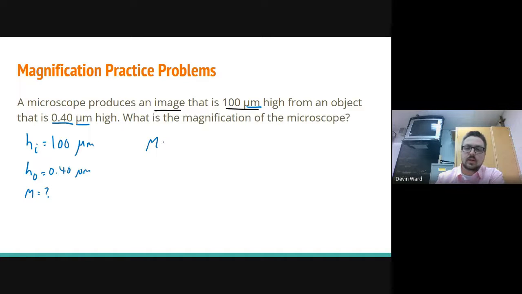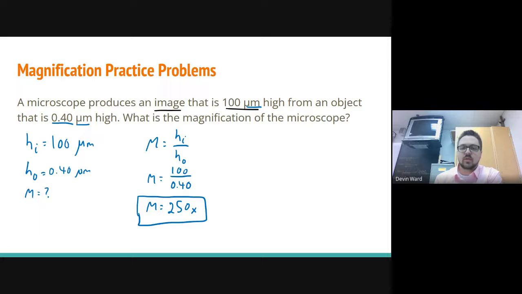Okay, so what is the magnification? Let's just plug this into our formula. Height of the image all over the height of the object. M equals 100 divided by 0.4. The magnification, calculator, 100 divided by 0.4 is 250 times.